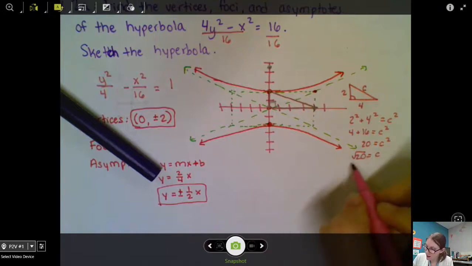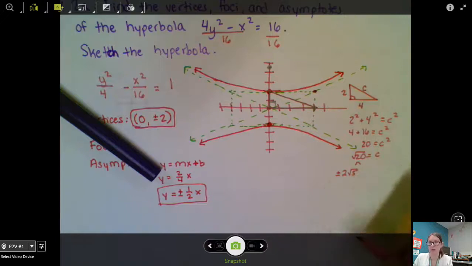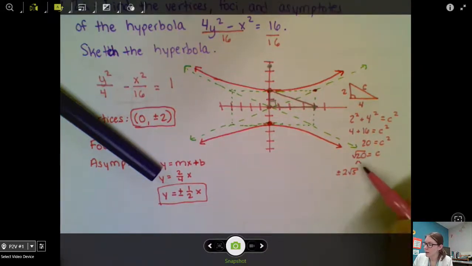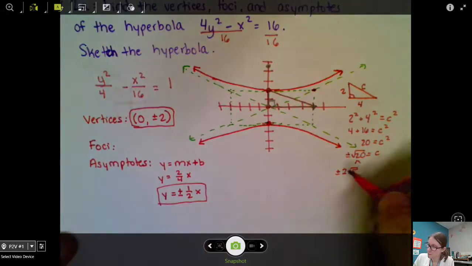That simplifies. If you remember how we simplified our radicals, if you want to, I'm really not too picky about simplifying radicals for this chapter, but plus or minus 2 square root of 5 would be our square root of 20 simplified. Okay, and that's going to tell us where our foci are.